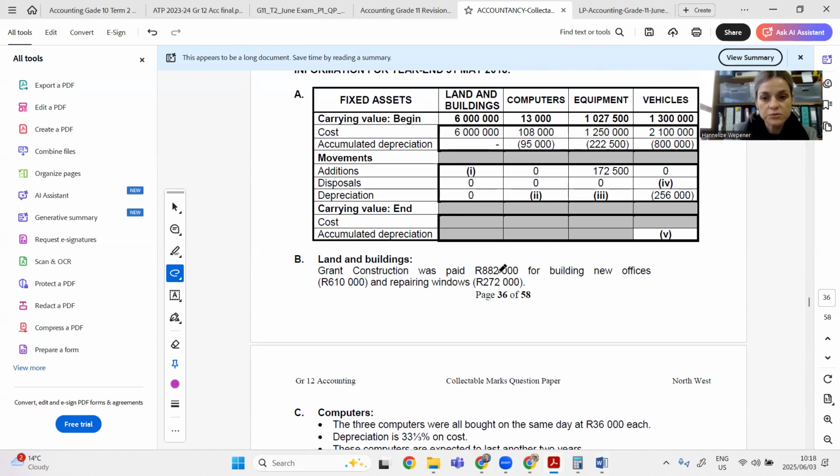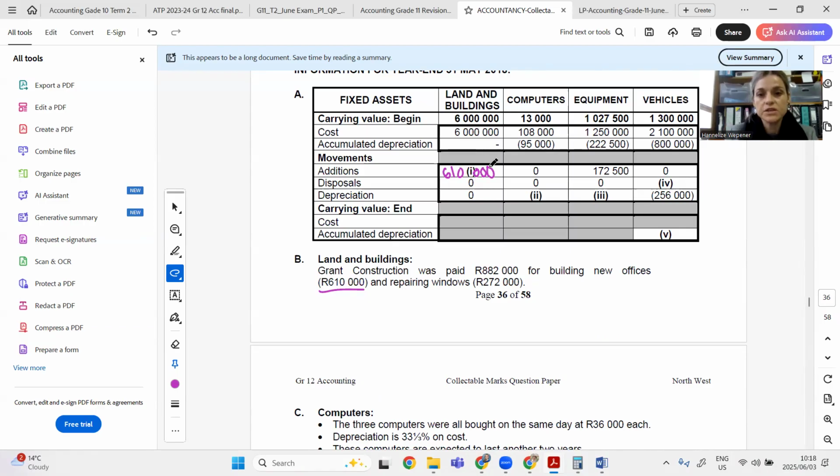So the total that you paid was the 882, but of that, only 610 was for the new offices. The rest was for repairs and maintenance, so for repairing windows. So the additions in your land and buildings is only that 610,000 rand, not the repairs. We don't include that.